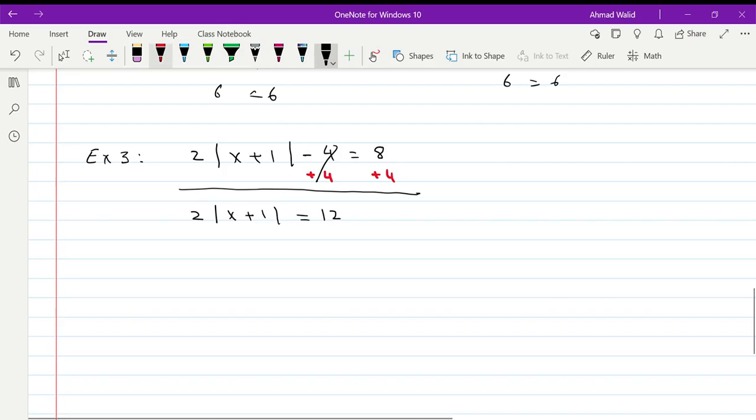Now I have to take care of this 2, which is on the left side. When you have 2 absolute value, it means 2 times absolute value. Then we divide both sides by 2. Correct? These 2 cancel out. Absolute value of x plus 1 equals 6.